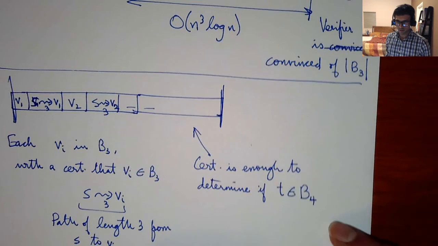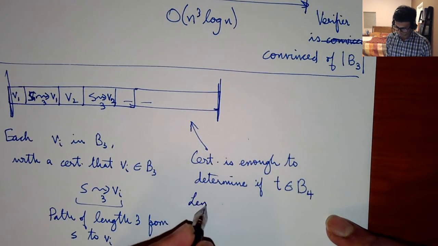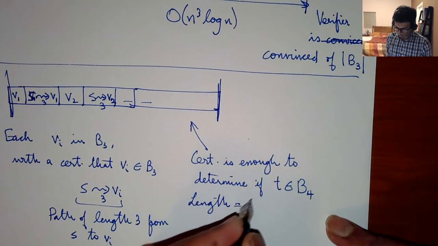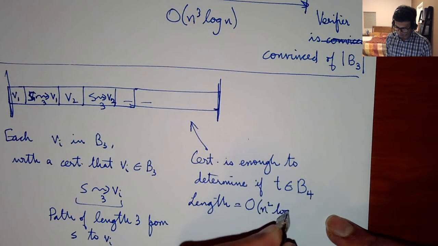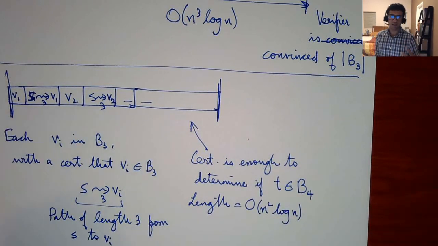The length of the certificate is O of n squared log n because it's just n paths of length at most n. This certificate convinces the vertex whether T is in B4 or not.